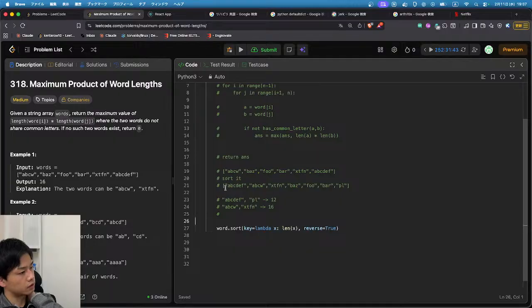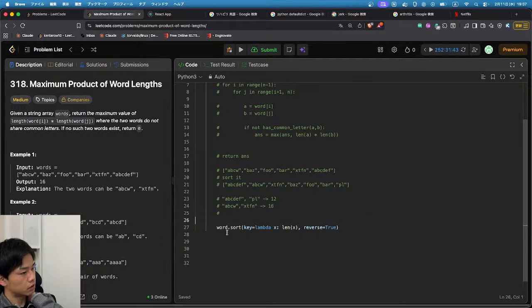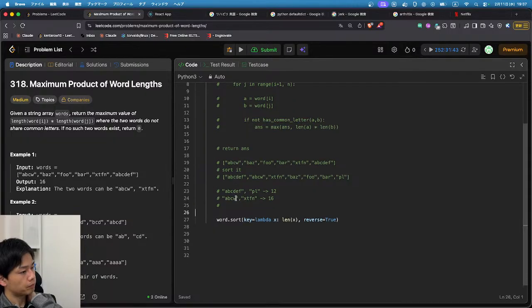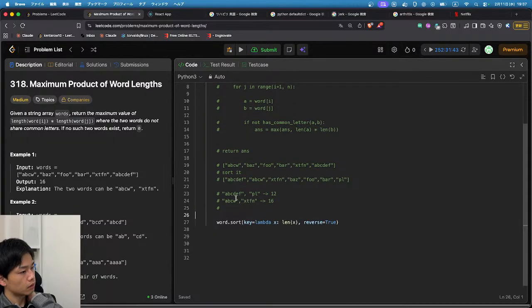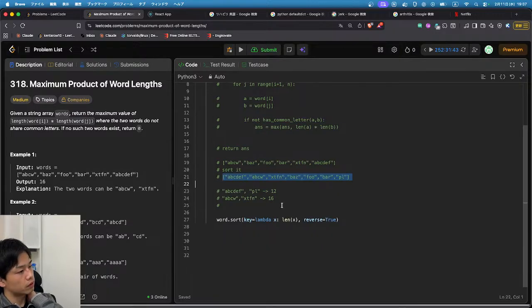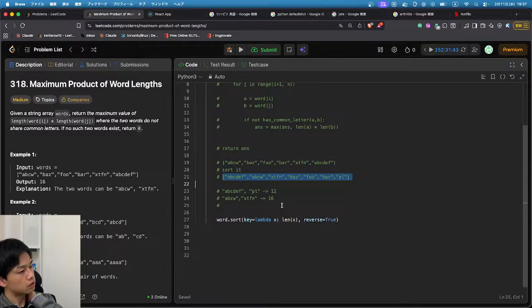We can get this one, and after that I want to loop through this.